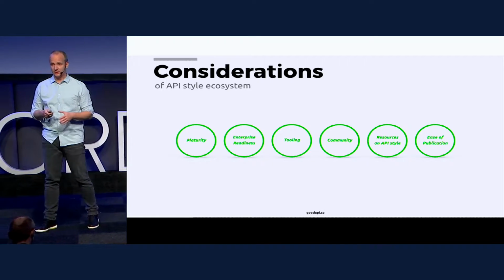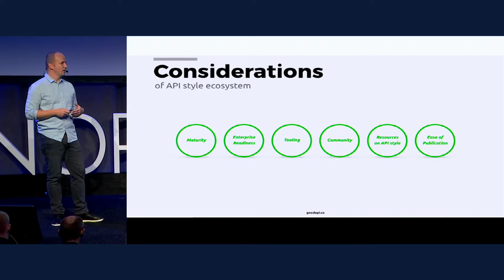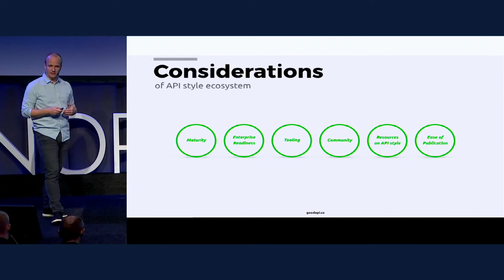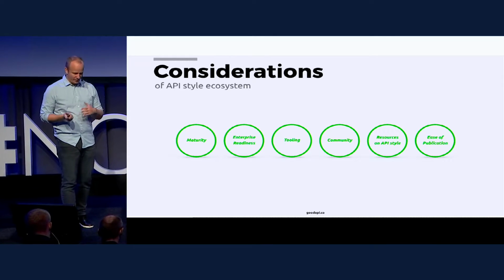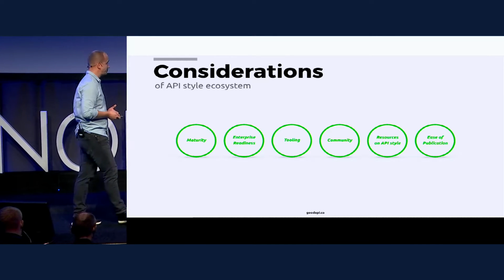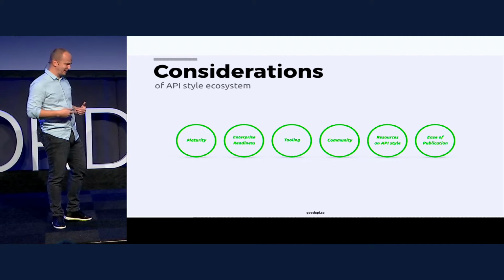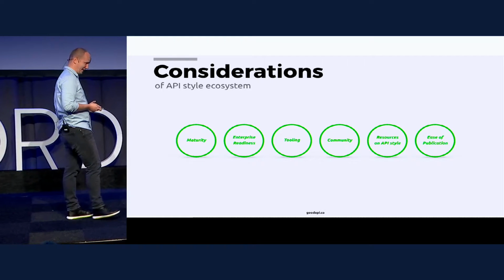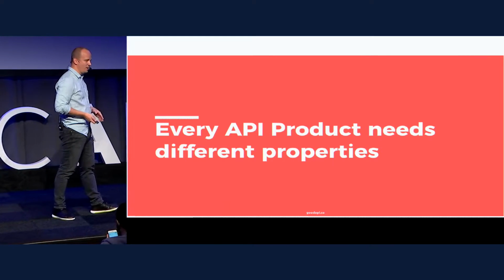Is this API style mature? Maybe for somebody it's important whether it's ready for enterprise or has great tooling. There is an active community, right? That would be ACI. Resources, books, publications, and last but not least, how difficult is it to monetize, externalize the API? Or the API product using that API style.